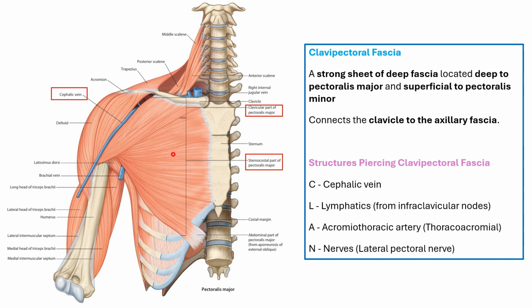Deep to it lies the clavipectoral fascia, and the clavipectoral fascia is pierced by the cephalic vein, lymphatics from the infraclavicular nodes, the acromiothoracic or thoracoacromial artery and its branches, and nerves, especially the lateral pectoral nerve.